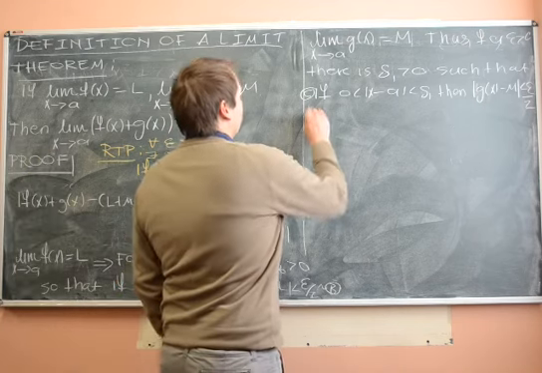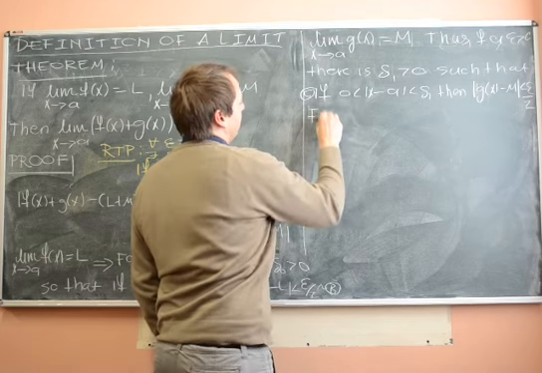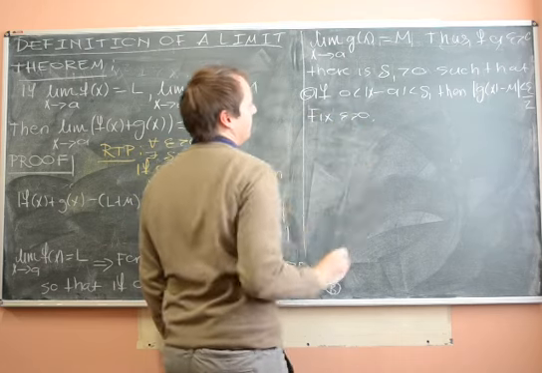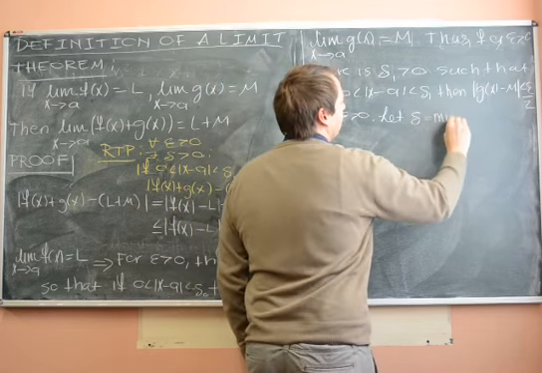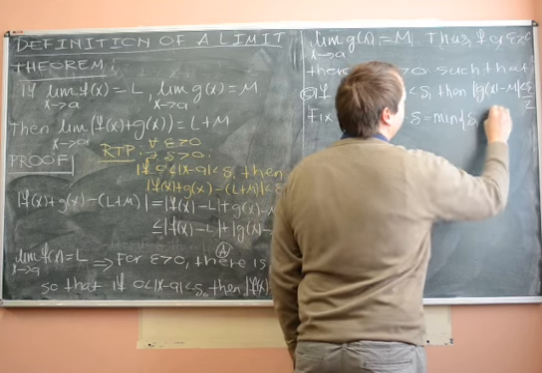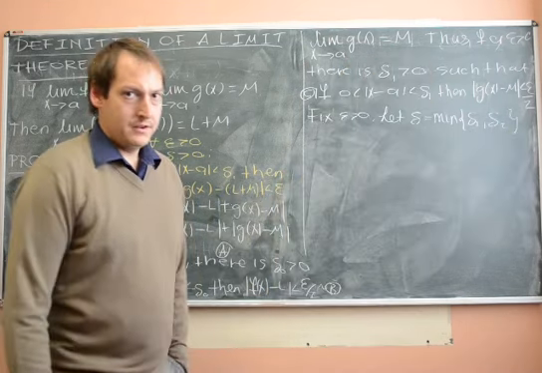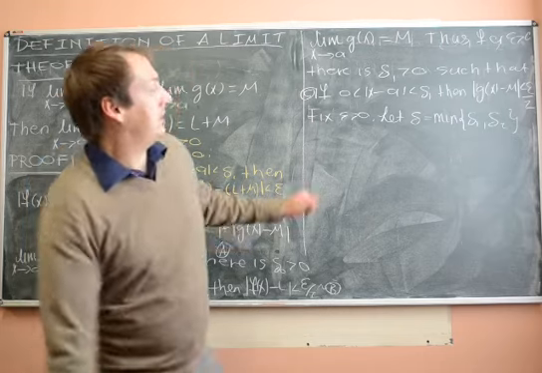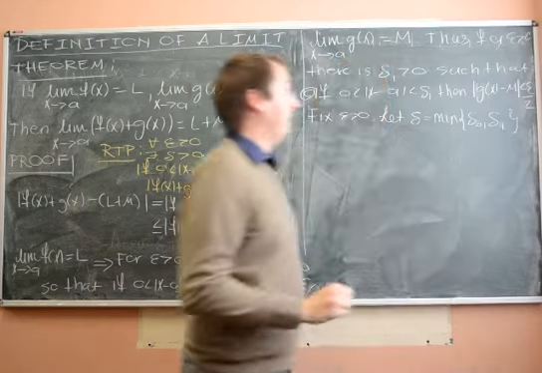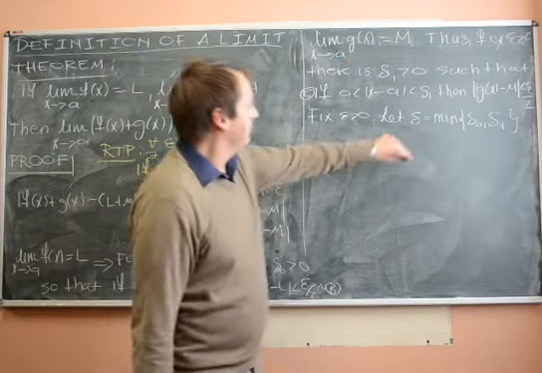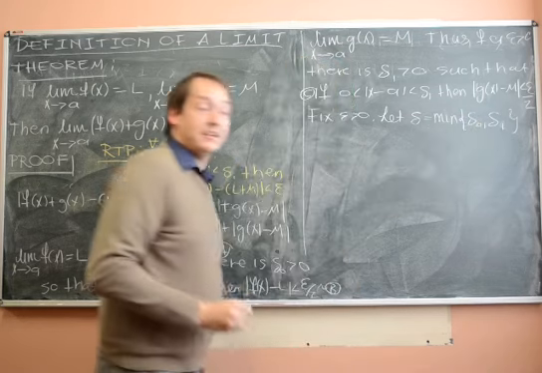So if we take epsilon bigger than 0, let delta be the minimum of delta 0 and delta 1. So this delta is less than delta 0 and less than delta 1.